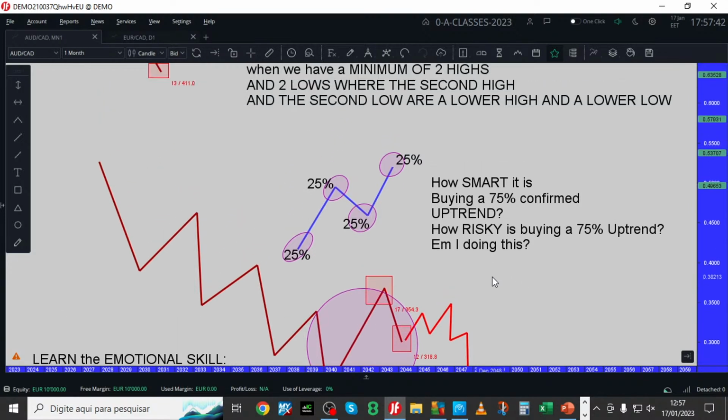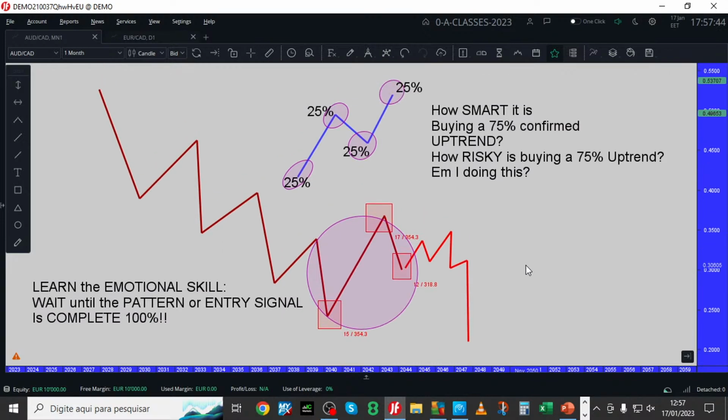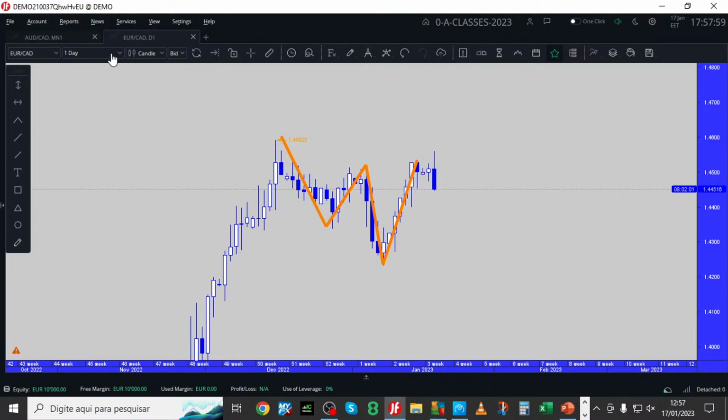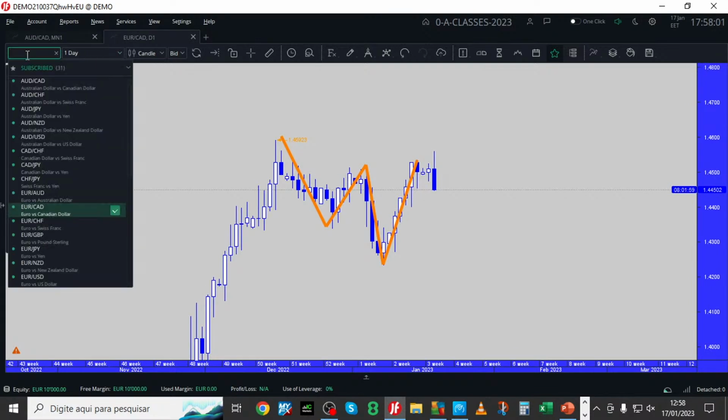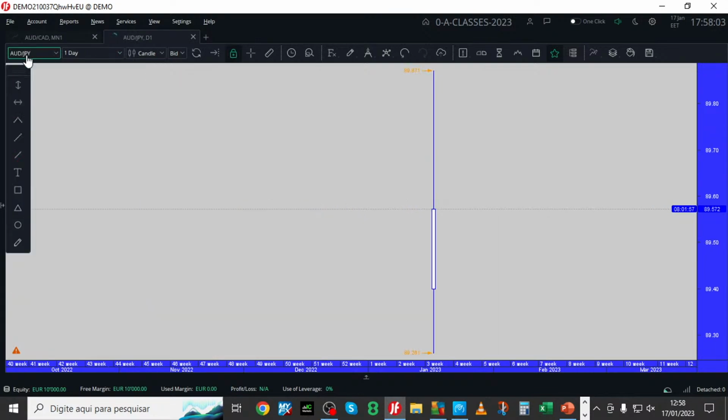Okay, homework. Try to identify trends from the monthly bands. I'm repeating one because I failed this year. Not a problem. It takes some time. Everybody, homework. Homework, AUDJPY, right?